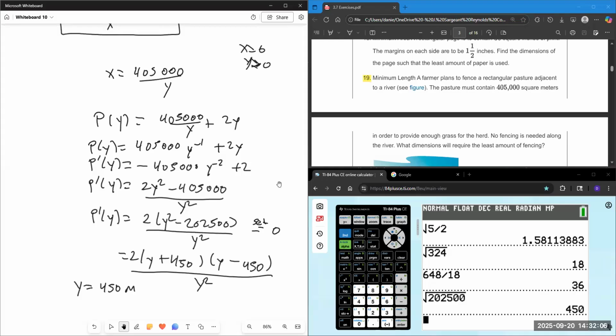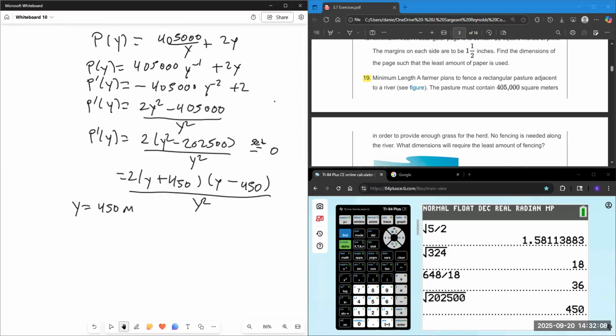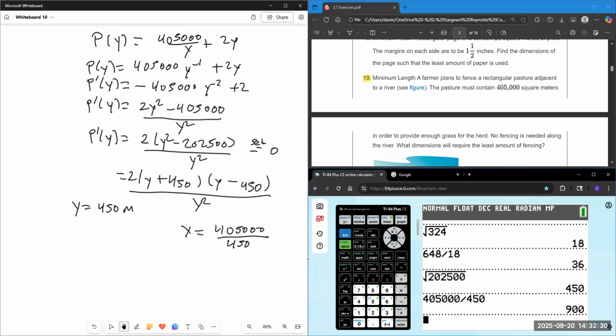If y is 450 meters, then x is going to be 405,000 divided by 450, which is 900. So my dimensions are x is 900 meters by y is 450 meters for my pasture.